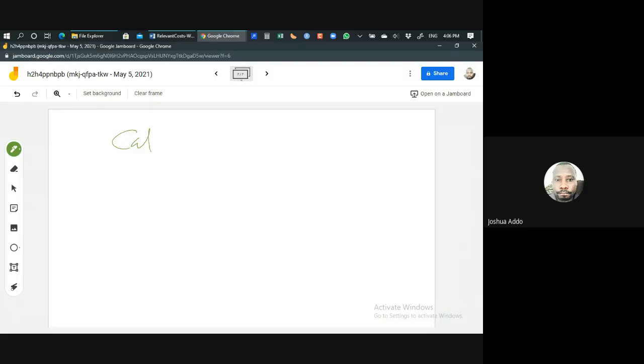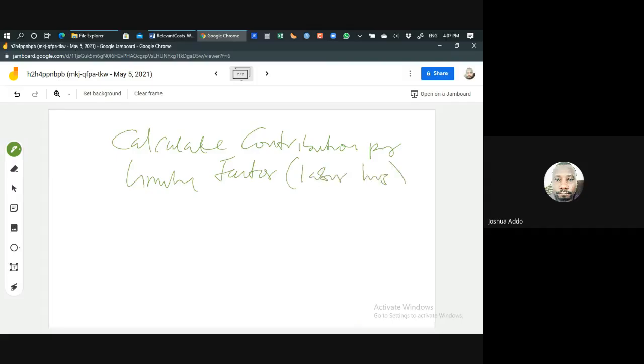Sorry. So we are now going to calculate contribution per the limiting factor. In this case, we know the limiting factor, so it will be contribution per labor hour.